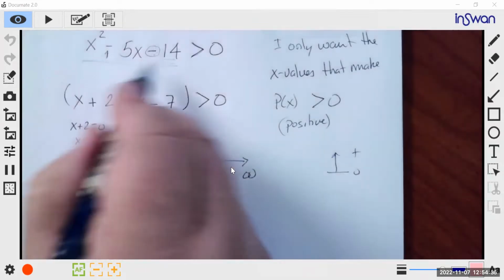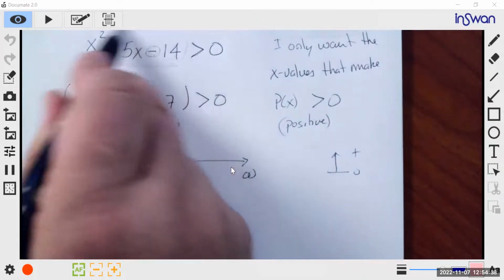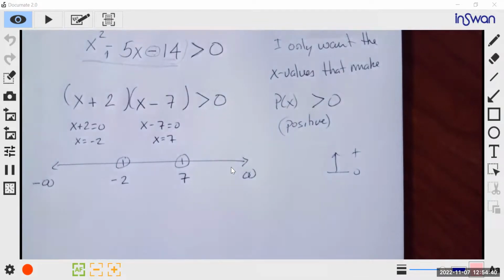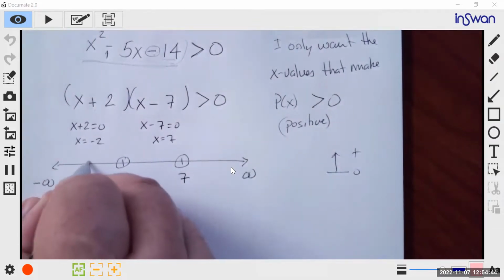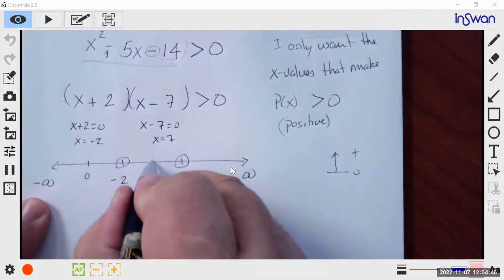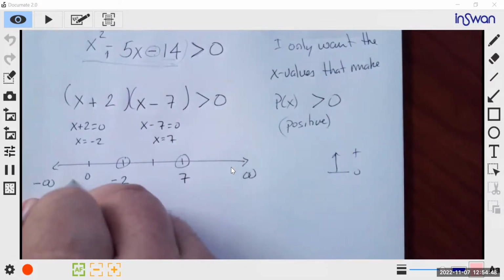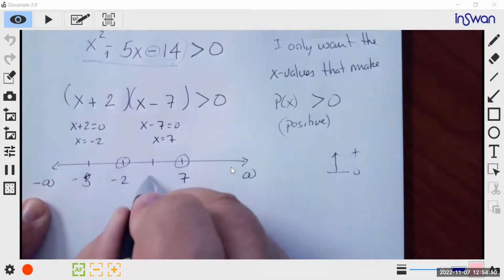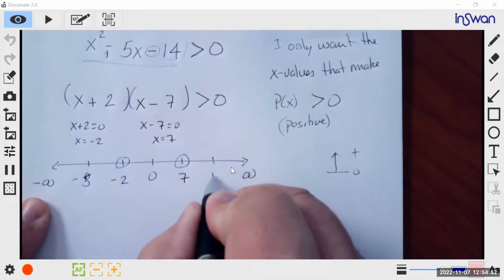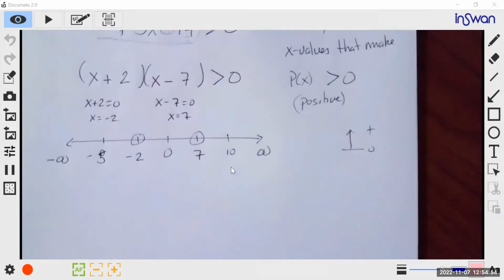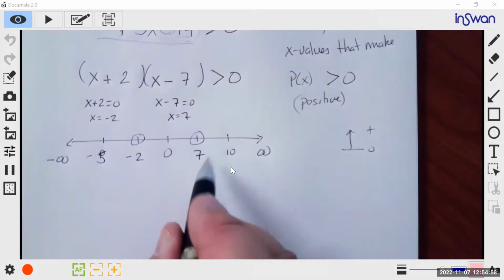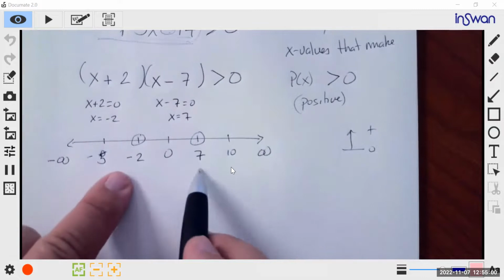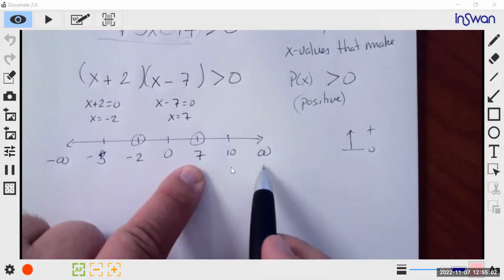So we only want values of x that make this positive. So this is how we do it. Pick some values that are not here, like -5, 0, and 10. Since I have my x-intercepts, I pick values that are inside these intervals.